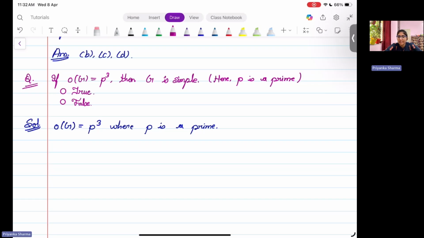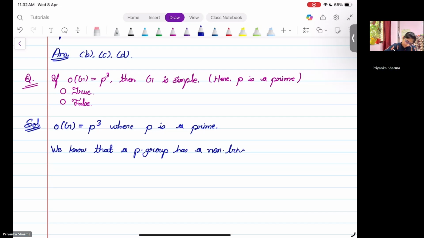Okay, we know that the center of a group is a normal subgroup. So what will be the center for the group G? We know that a p-group has a non-trivial center.